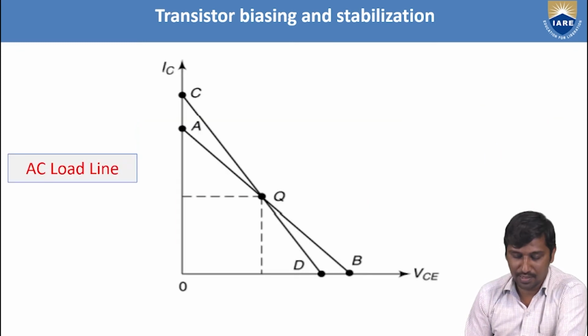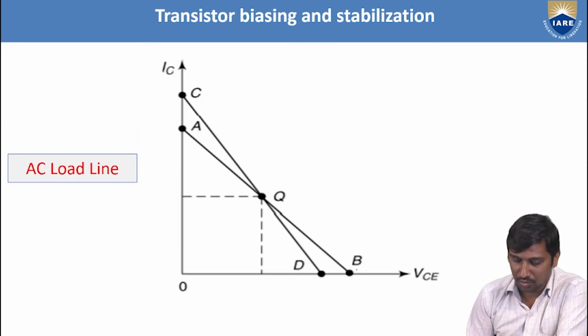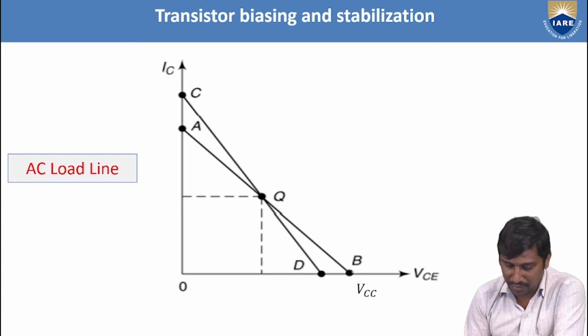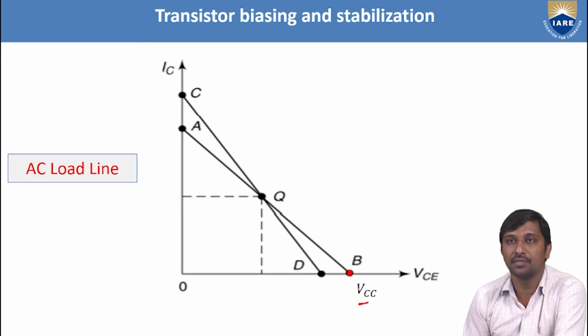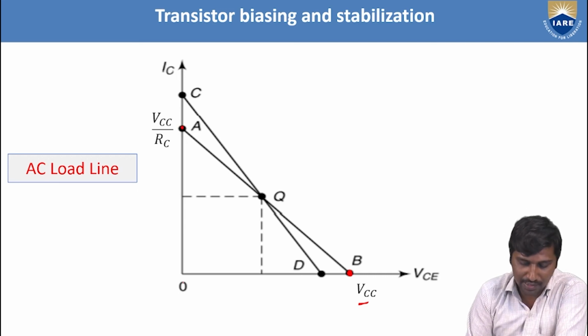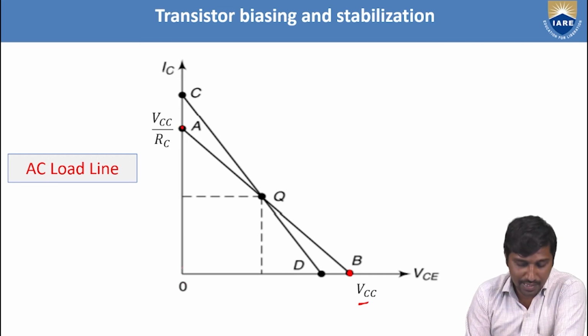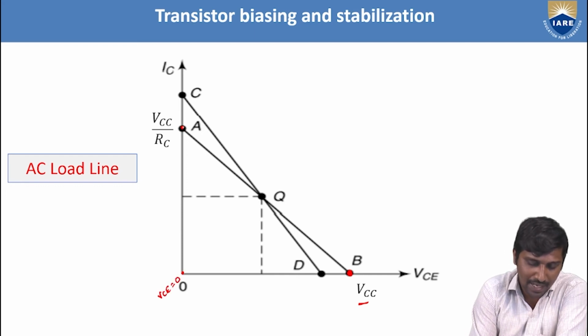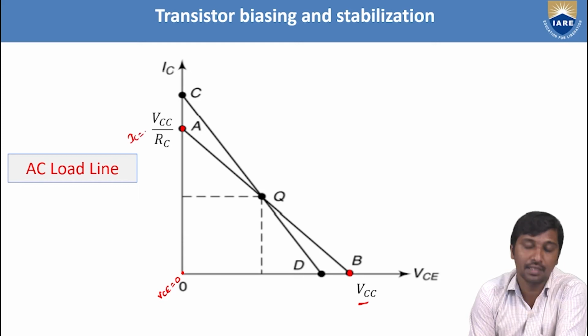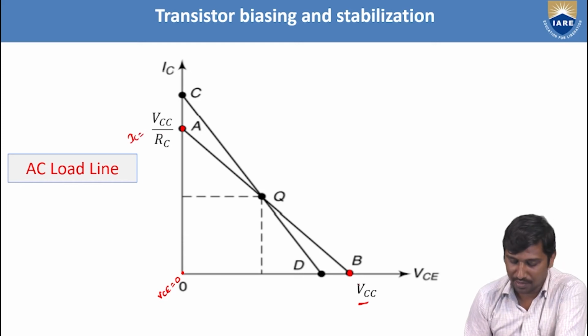Let us consider here the B point. This point is represented as VCC. When VCE is 0 under the DC condition, the maximum collector current is represented as VCC by RC.